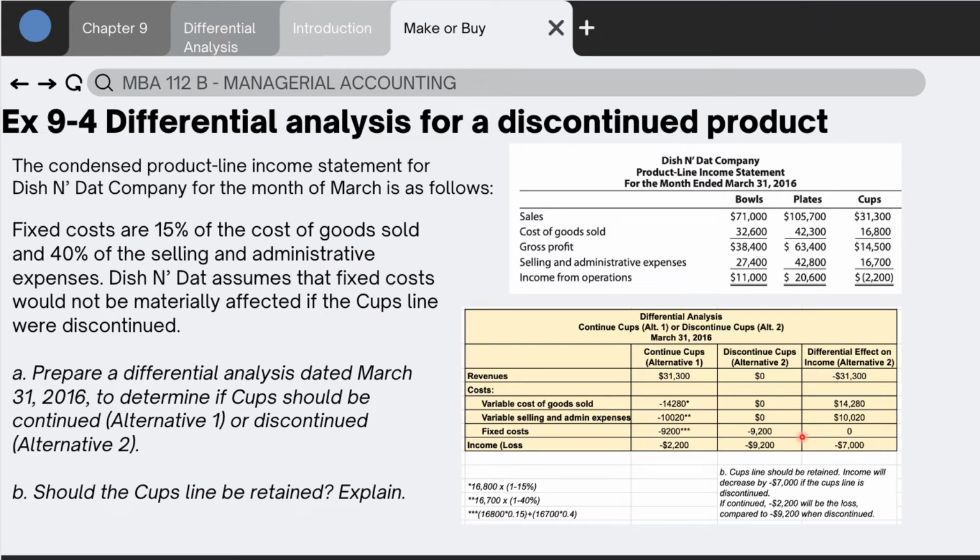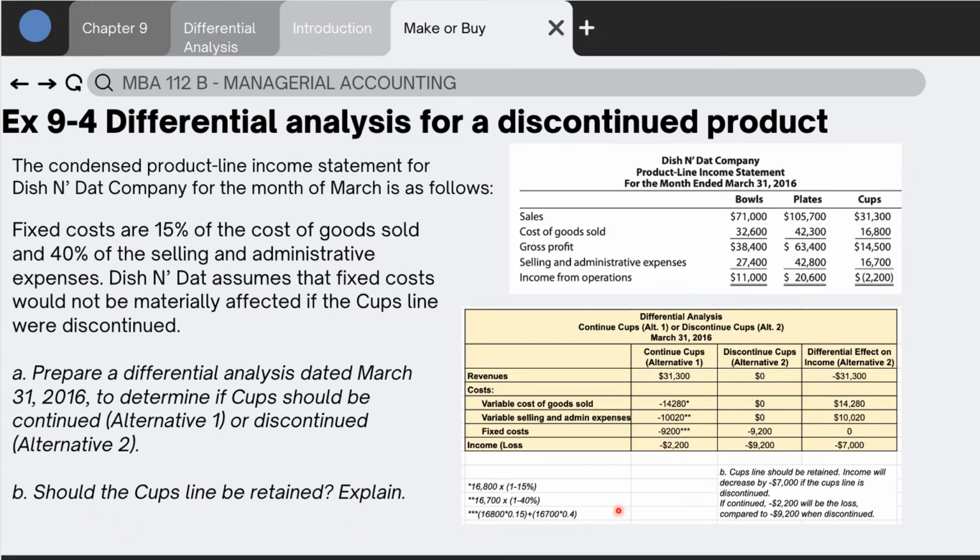For the fixed costs, it was mentioned in the problem that this assumes that fixed costs would not be materially affected if the cups line were discontinued. So in order to get the differential income or loss, we will be calculating 31,300, 14,280, and 10,020. And we got negative 7,000, so that is a differential loss of 7,000, which means that the cups line should be retained.